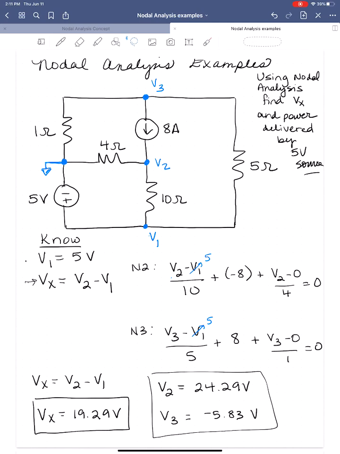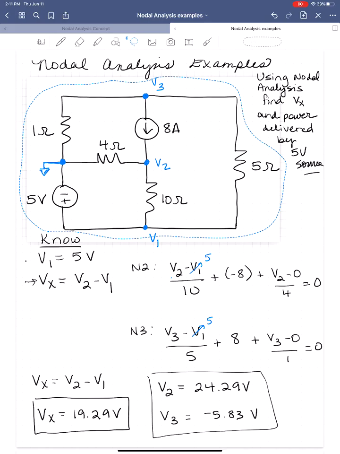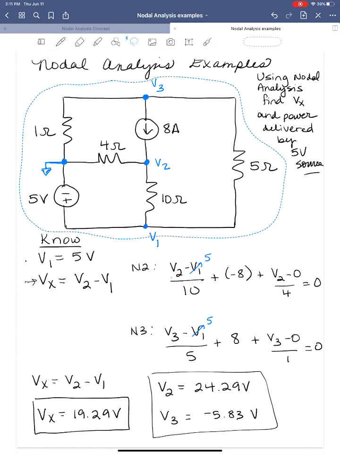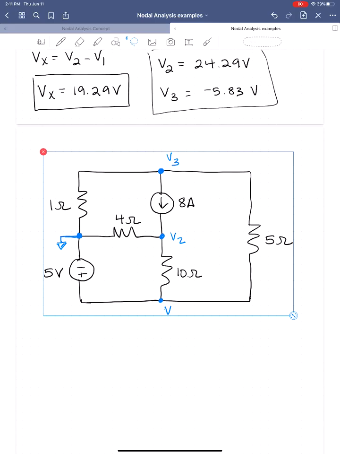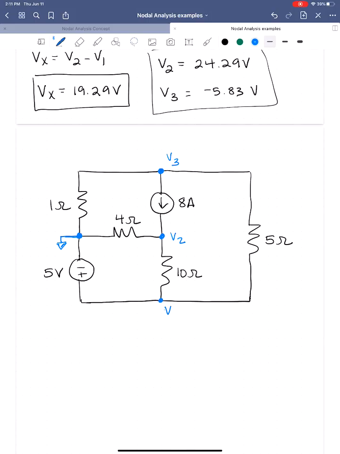I'm going to grab the circuit here and pull it down so we can see it. Let me just fix this one that's missing. All right, so we're going to write our node 1 equation.